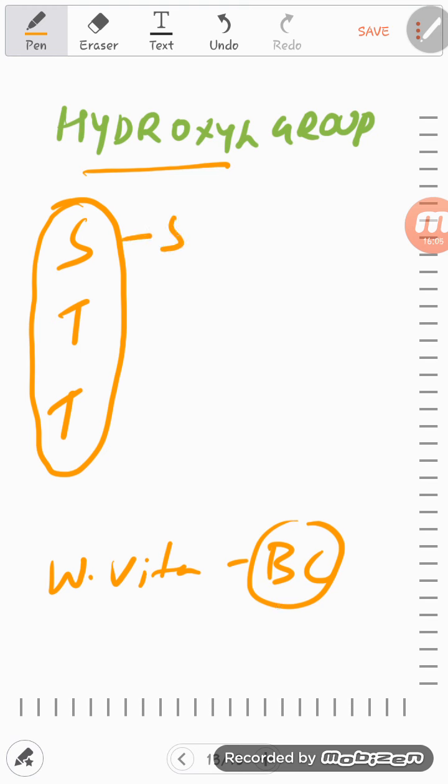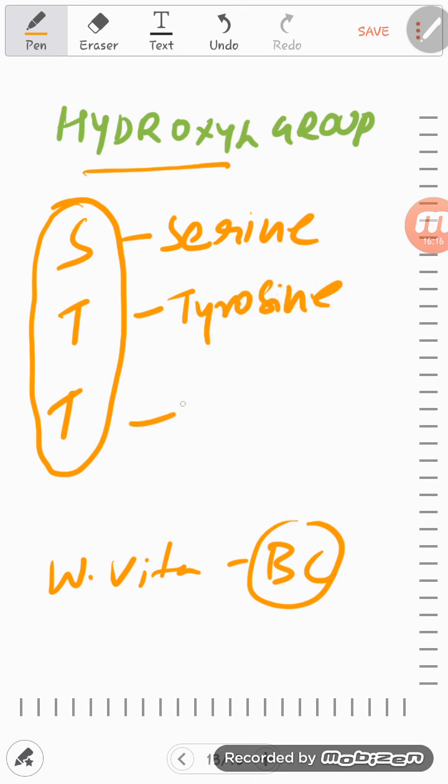So the code here is serine, T is tyrosine, T is threonine. Hope you are very clear. So water soluble vitamins are BC, hydroxyl group containing amino acids are STT.